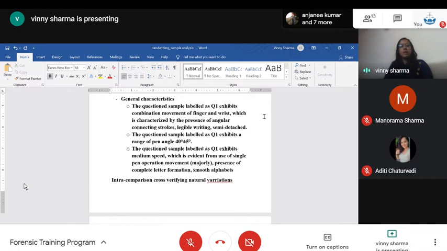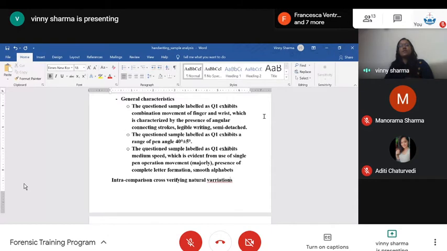For example, here you can see I've written about the general characteristics. For example, the question document sample labeled as Q1. Be specific about which sample you are talking about, whether it is questioned or standard, and even if it is standard, whether it is specimen or admitted, and what labeling you have given them, whether they are A, S, or Q, and then what number is assigned to them.